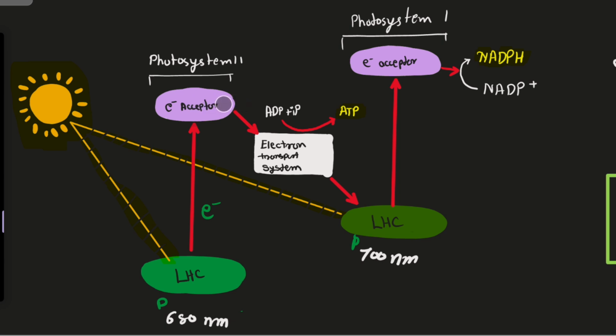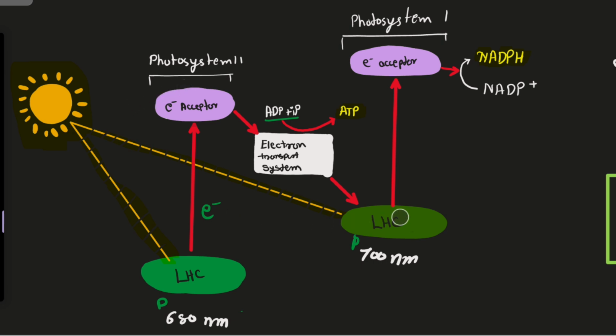Then it is transferred to the electron transport system, and then goes to photosystem 1, P700. While this happens, 1 ATP is formed from ADP plus 1 phosphate.